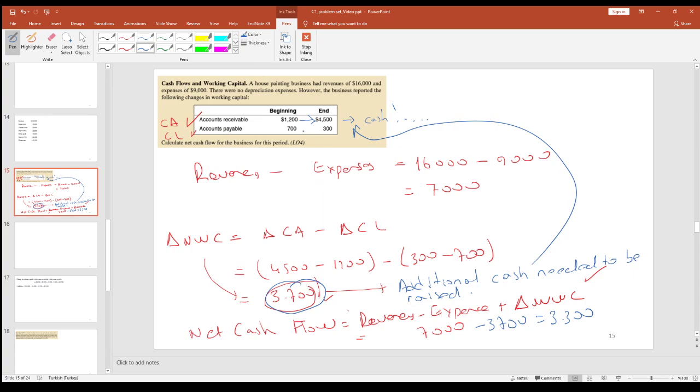In case of accounts payable, you have a reverse situation: you start with a 700 beginning figure and end with 300, which means you paid out an additional 400 cash. But in sum you have 3,700 cash which is still in process, you haven't received it. So that means you allocate 3,700 cash in your working capital. That's why I deduct this.